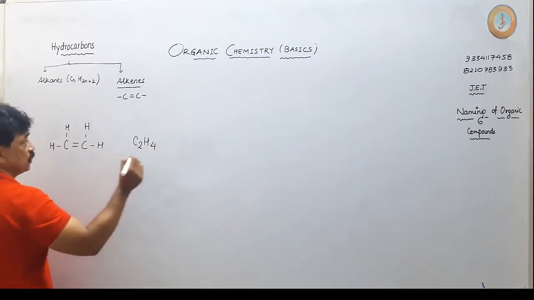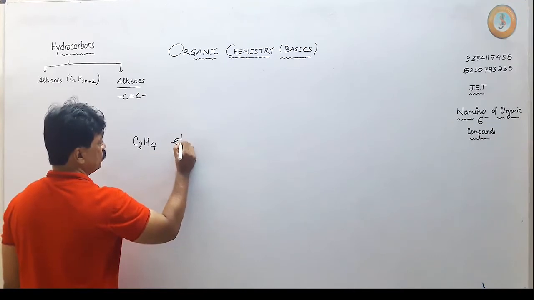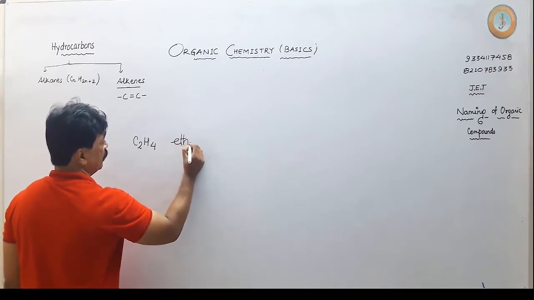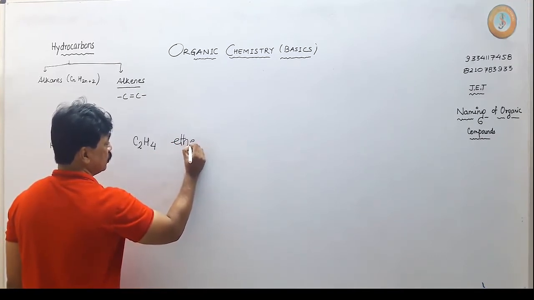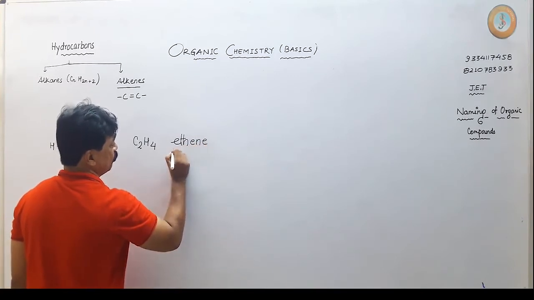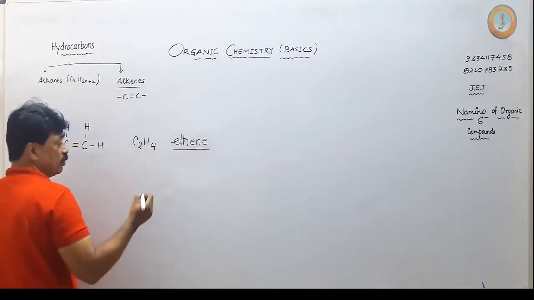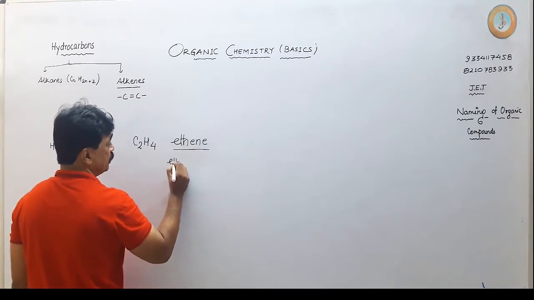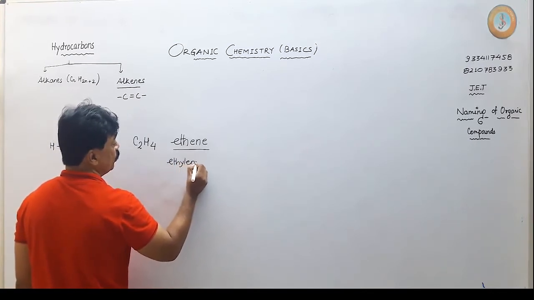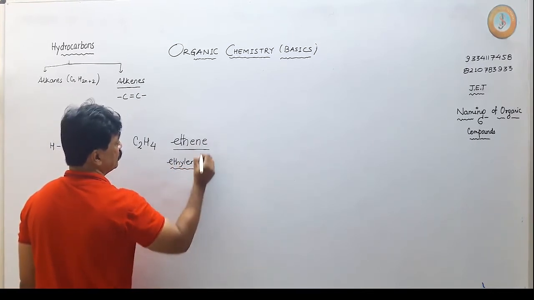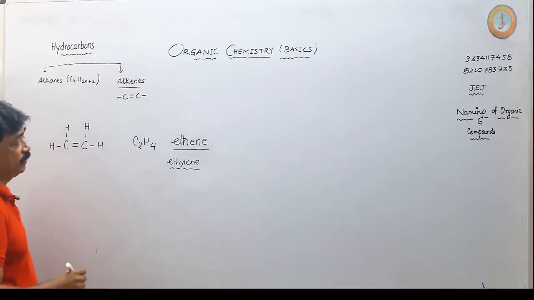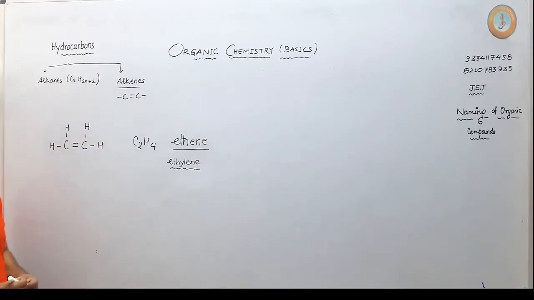And since it is 2 carbon atoms, I told you the root word for 2 is eth, and the other part is also scientific. Ene means double bond, so it is ethene. Remember, only for your purpose, that this compound is also known as ethylene, but its more accepted name, given by the International Union of Pure and Applied Chemistry, is ethene.